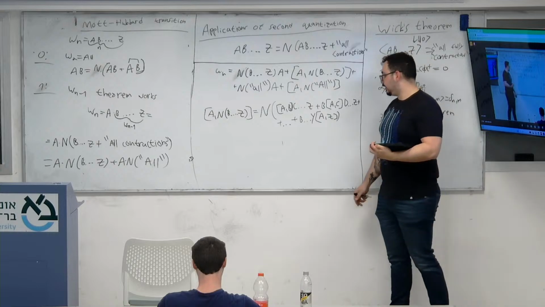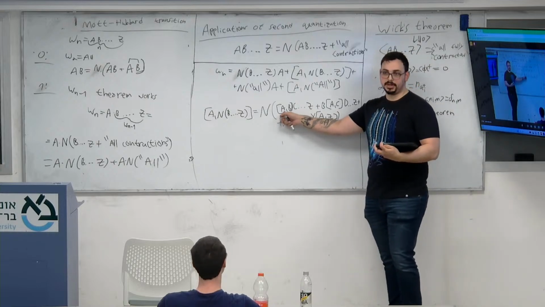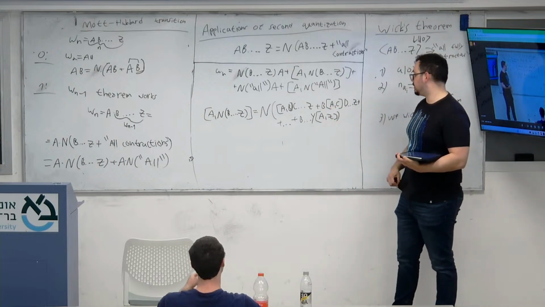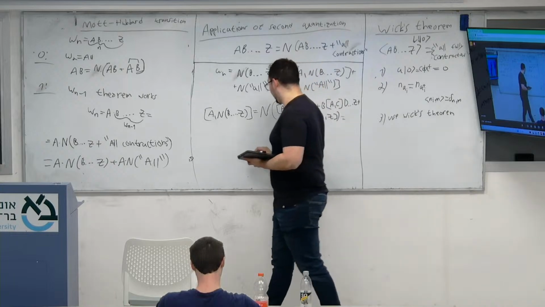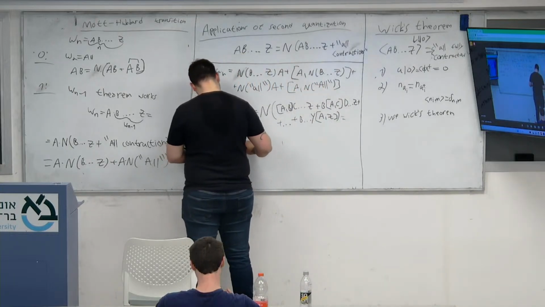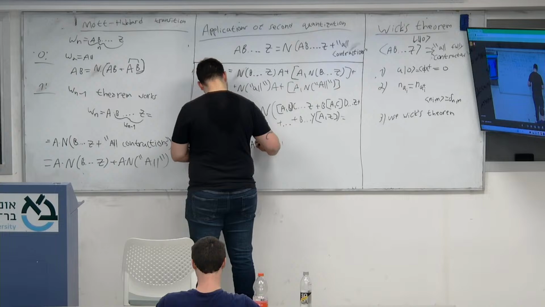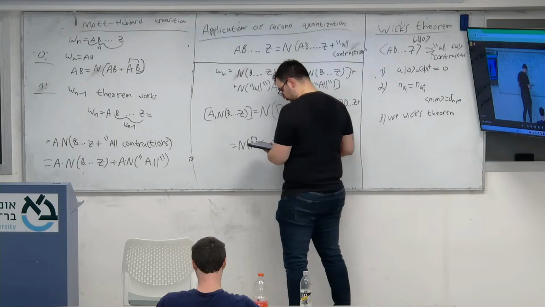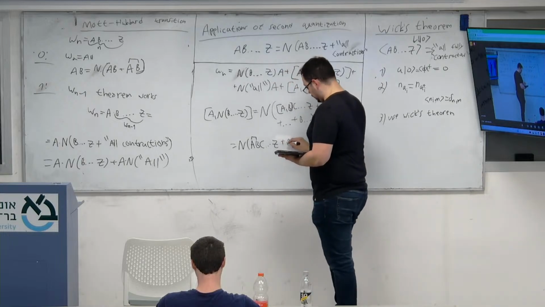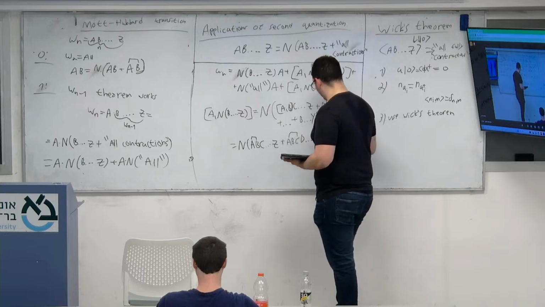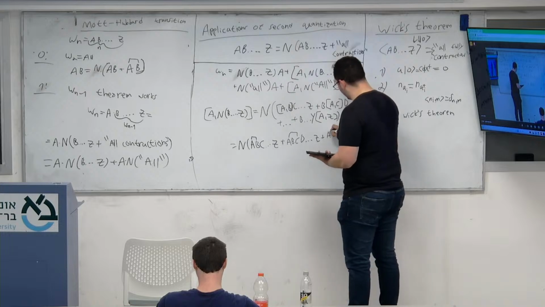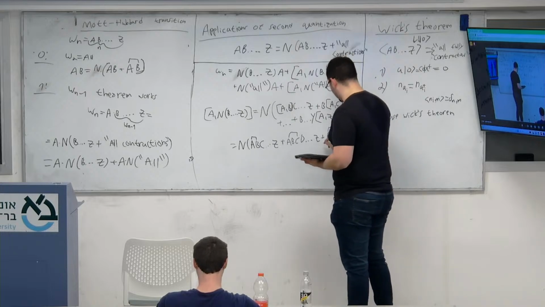Now A and B is just a contraction, so is A and C, so is A and Z. This equals N of the AB contraction times C to Z, plus A C contraction times B D to Z, plus the A Z contraction, and so on.